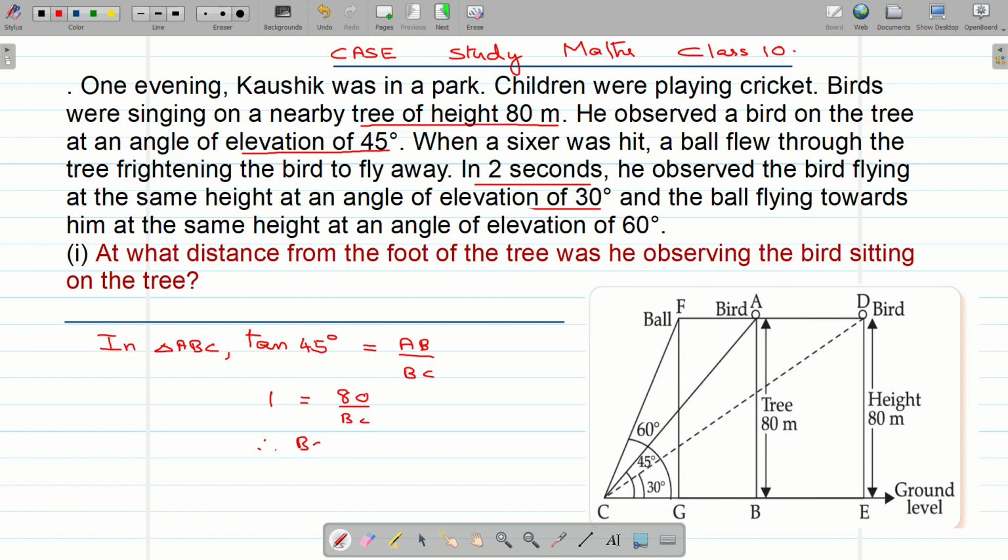Therefore, BC is equal to 80. Therefore, this person was observing the bird from a distance of 80 meters from the foot of the tree. That means BC is equal to 80 meters.